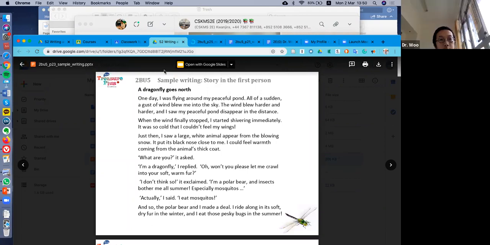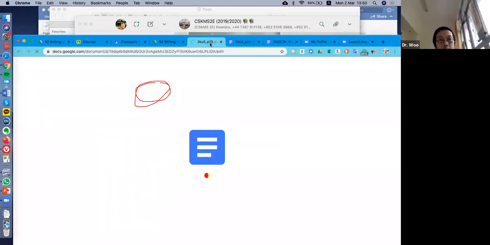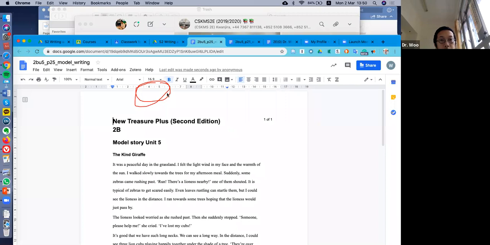The sample writing includes a story about a dragonfly, and the model writing is about a giraffe.